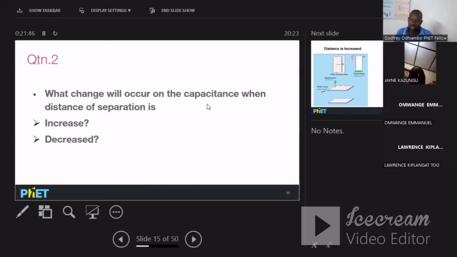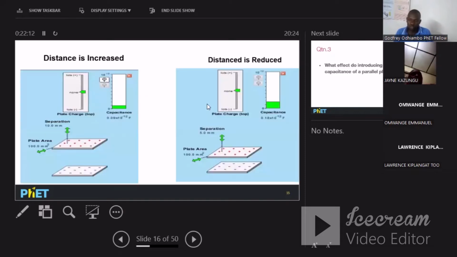The next question, question 2: what change will occur on the capacitance when the distance of separation is increased or reduced? In this situation, the lesson is developing, and the students will give their suggestions, which the teacher will confirm using a sim.